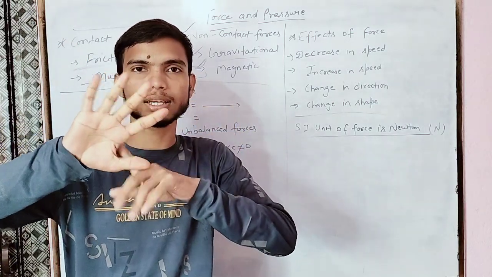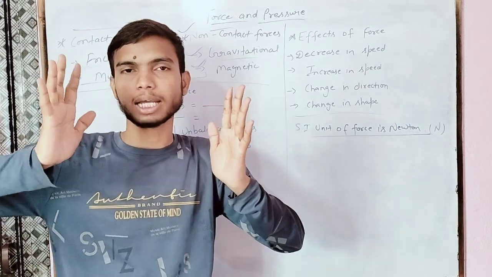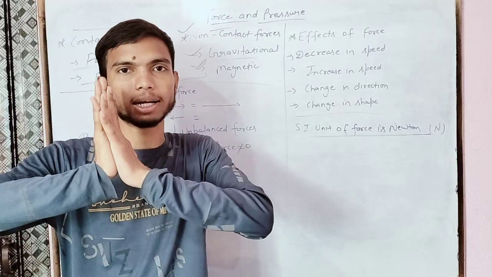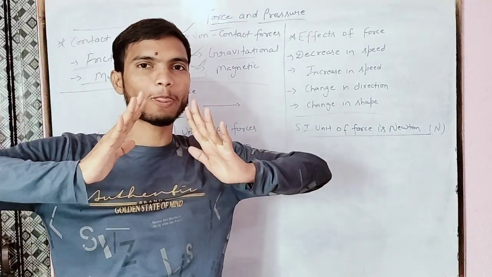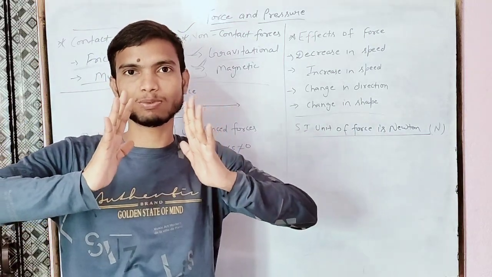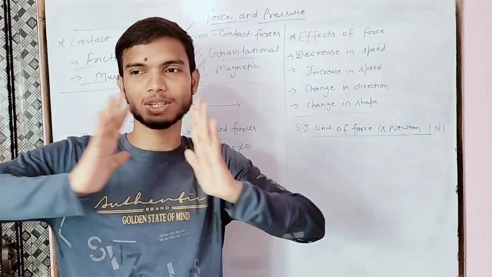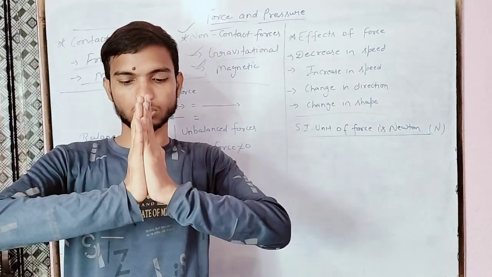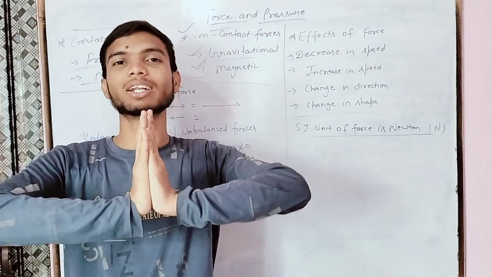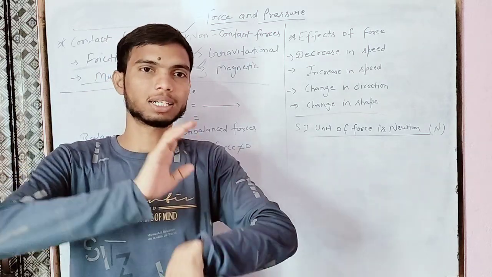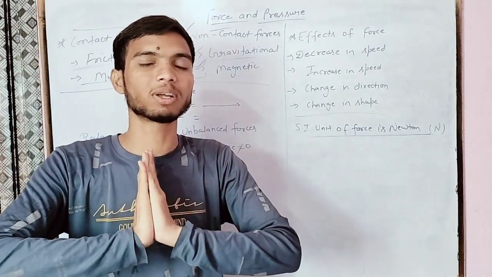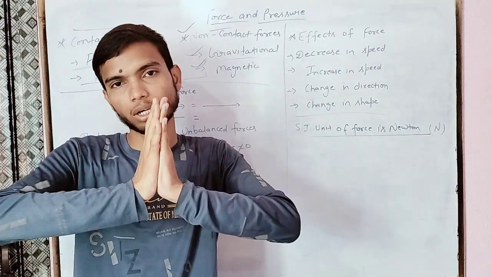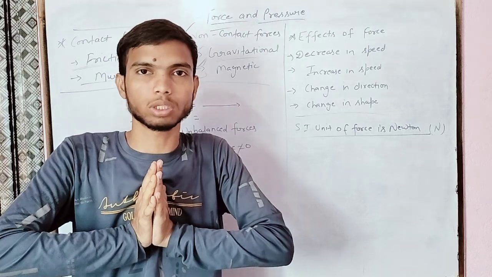Let's say this is hand A and this is hand B. Hand A is pushing hand B and hand B is pushing hand A. So now we have two forces, both pushing each other. So the net force of this and this would be 0.